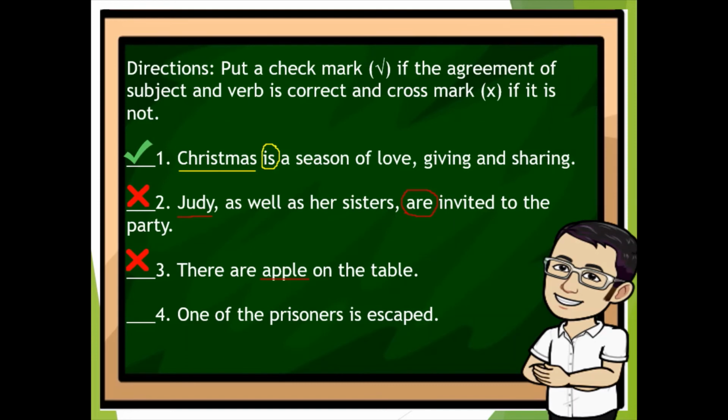Number 4, one of the prisoners is escaped. The answer, check mark. There is no error in the sentence. The subject, one of the prisoners, is a singular subject. Therefore, it must take a singular verb, "is."